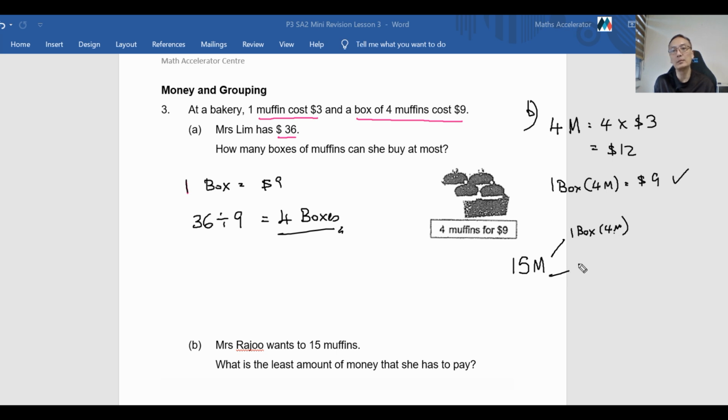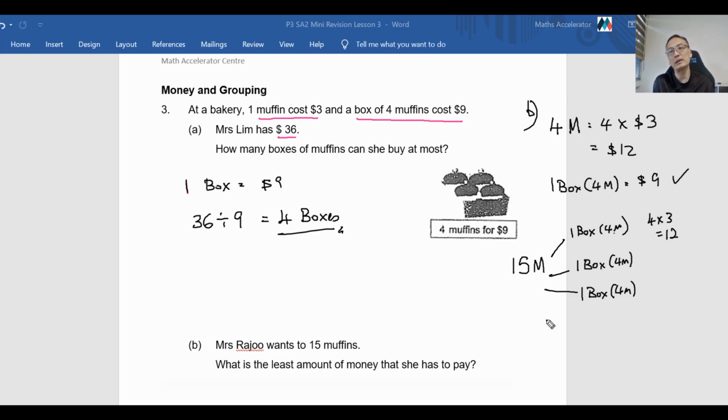So we can buy another box. In fact, we can buy 3 boxes. 3 boxes, 4 times 3 will arrive at 12 muffins. Okay, 12 muffins. She needs to buy 15.